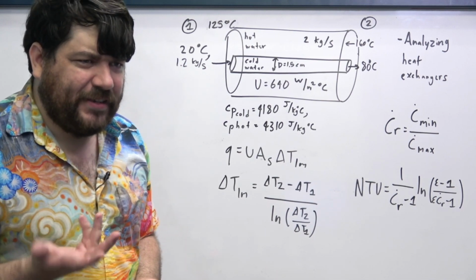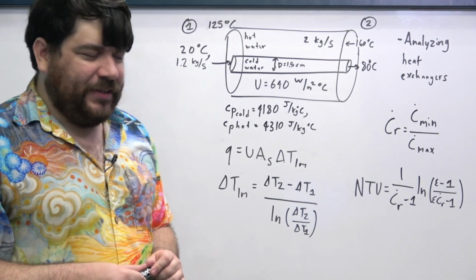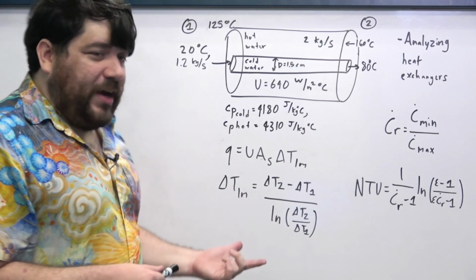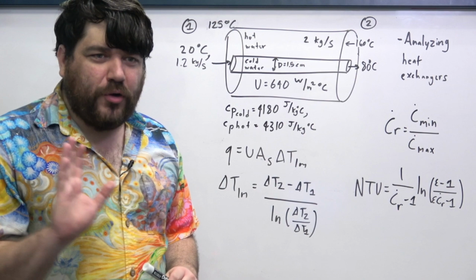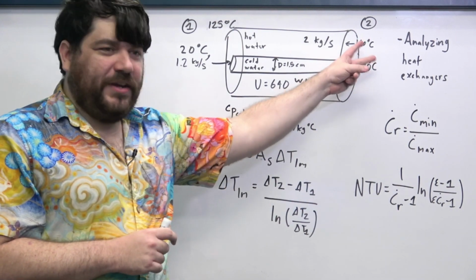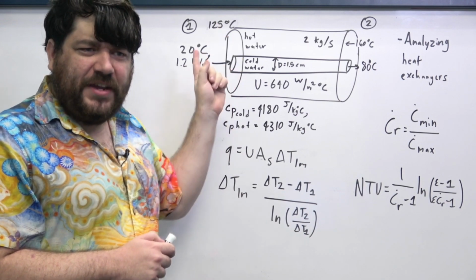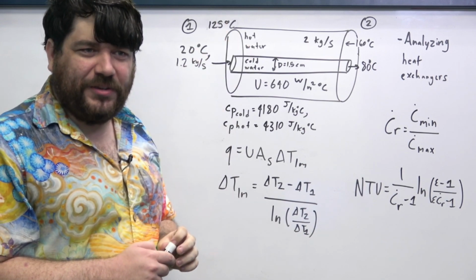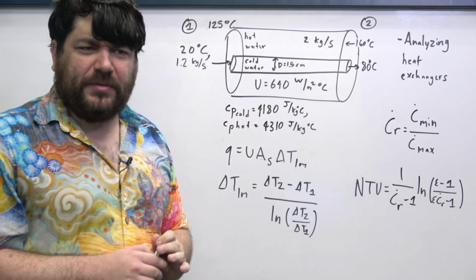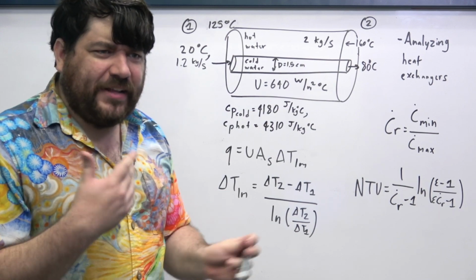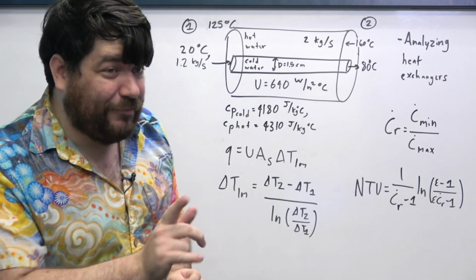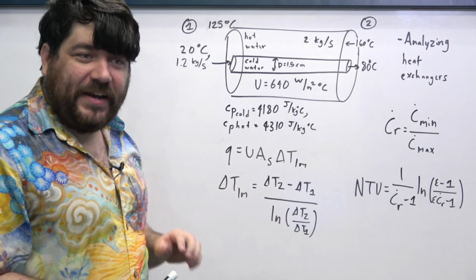Now, one hint as to whether or not you've done this correctly is that you should find that the number you get is somewhere between the temperature difference here and the temperature difference here. So for example, the temperature difference here is about 105 degrees Celsius. The temperature difference here is about 80 degrees Celsius. So we should get something that's in between. It shouldn't be the average, because this is not an average.